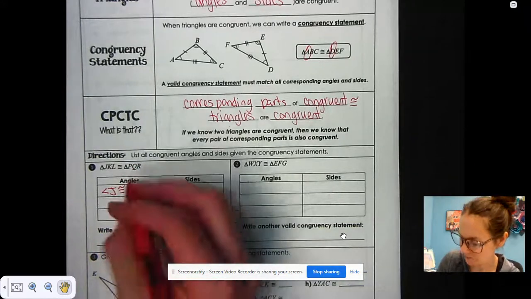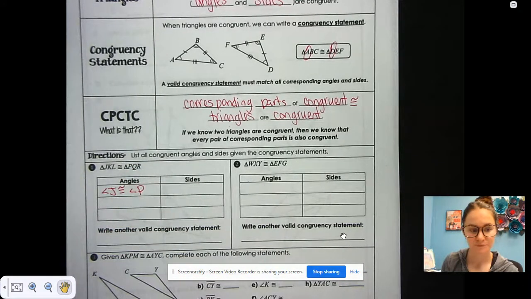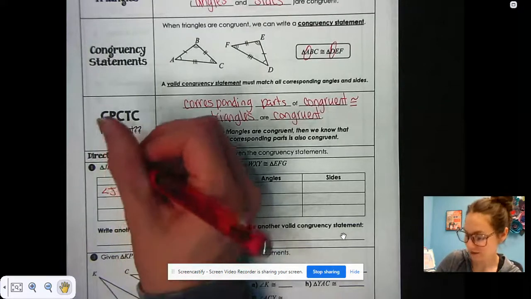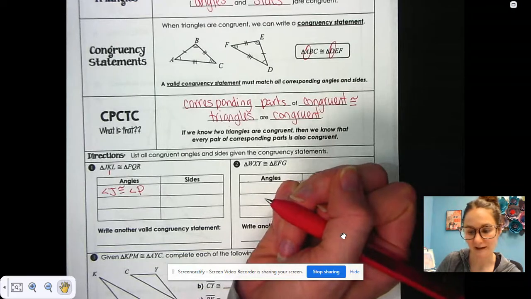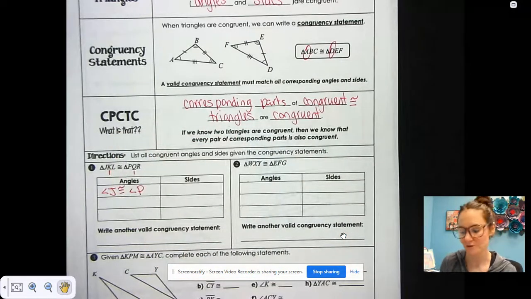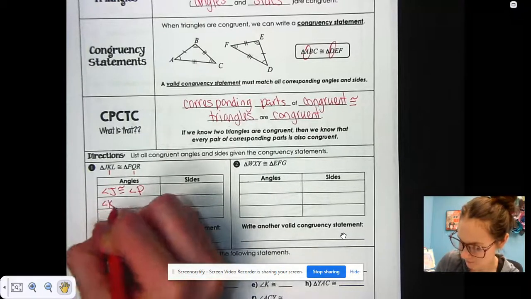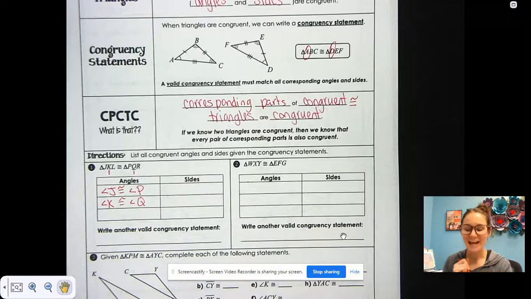P. So I'm going to say angle J is congruent to angle P. Then we go to our next letter. Angle K is in the same spot as angle Q. Notice they're both in the middle there. And our last one, what's that letter that's last? We have angle L and angle R.